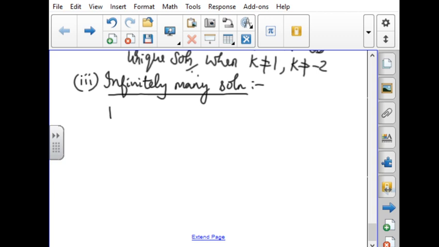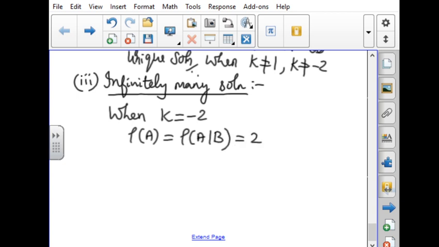So we can take the condition when k is equal to minus 2, because in the last two places we are having k plus 2. It is enough to write k is equal to minus 2. Both the places are becoming 0. Therefore, rank of A is equal to rank of A bar B is equal to 2, less than 3, the number of unknowns.